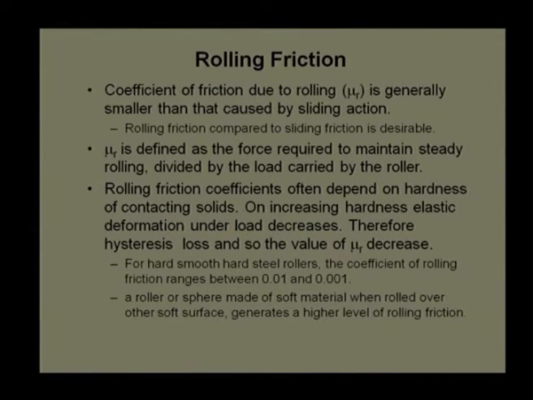Rolling friction will be high, rolling resistance will be high in that case, if the material pair is soft and soft. If the hard material is rolling over the hard material, deformation will be lower, and in that case the coefficient of friction will also be lower.